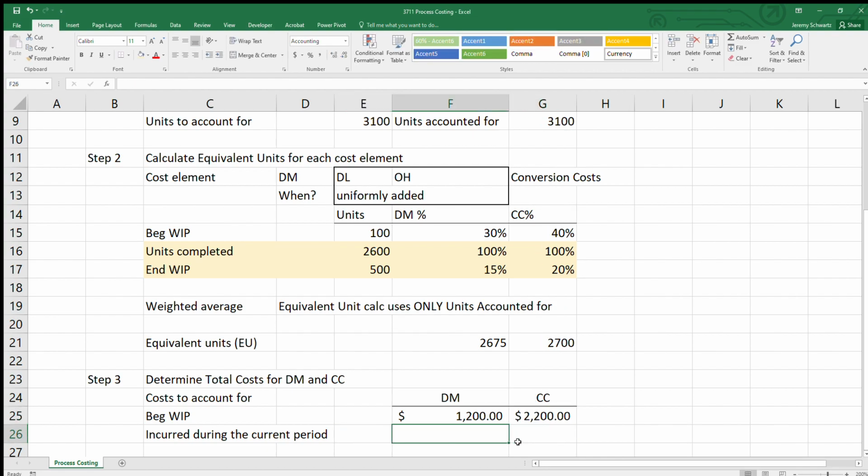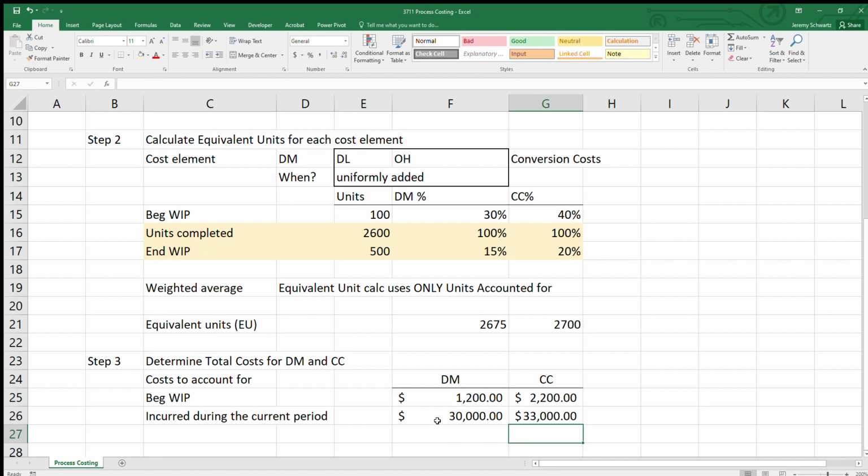The reason is that as we move forward, we're going to be using this in calculating the cost per equivalent unit, and that's likely to not be an even amount. So we'll say that we have 30,000 of direct materials and 33,000 of conversion costs.